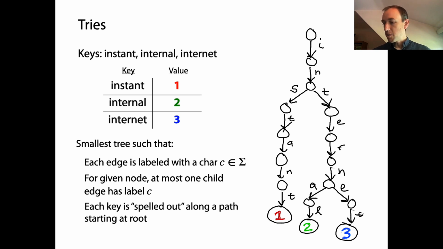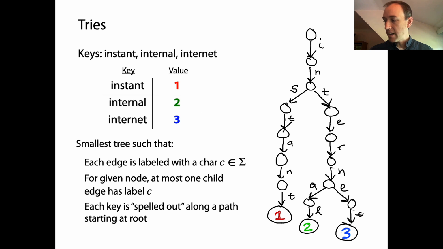Each edge is labeled with a character from the alphabet. We're just using, basically, lowercase English letters as the alphabet here. For a given node, at most one child has the label C, right? We would have violated that requirement if we had added a redundant path, like once we'd added instant.